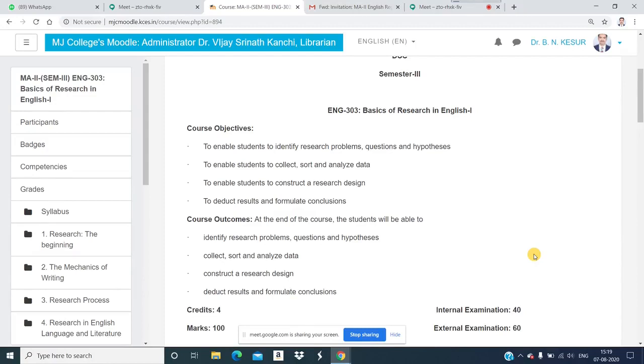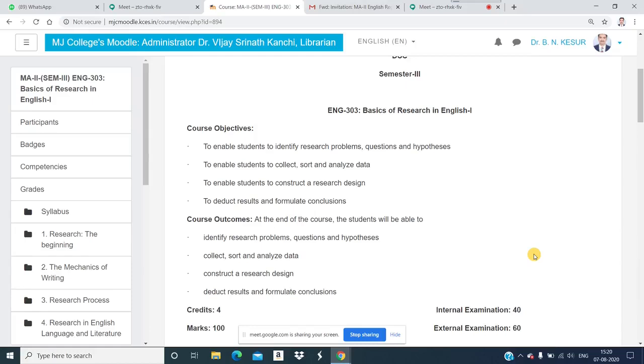If there is a question, only then can the answer be found. Then what are the things that will help the researcher to collect, sort and analyze the data? And finally, how will the researcher construct a research design, that is, the outline of his research work, and how is the researcher able to deduce the results and formulate the conclusions?